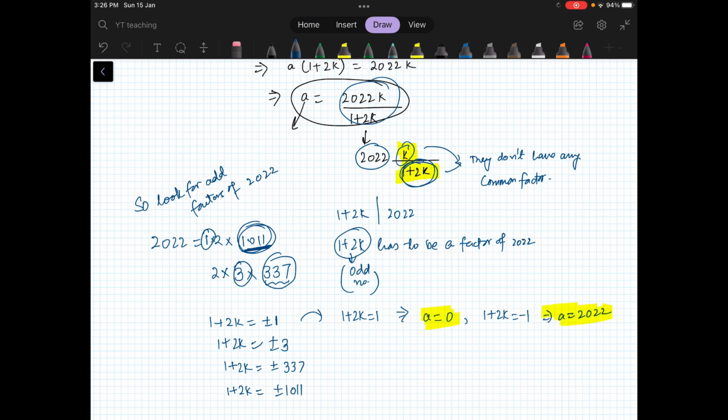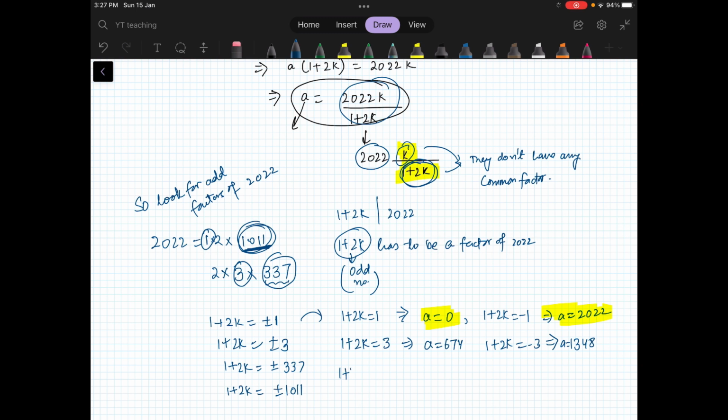Then when 1 plus 2k is 3, we'll get a is equal to 674, and when 1 plus 2k is minus 3, a will be equal to 1348. You can do your calculations.